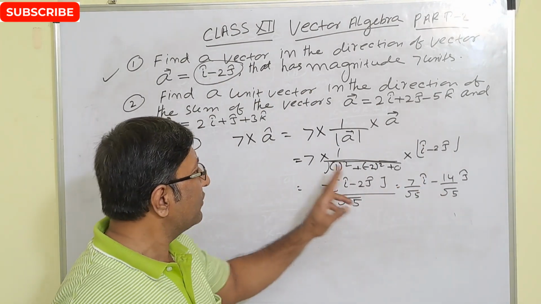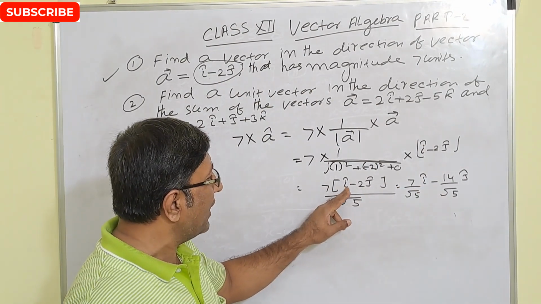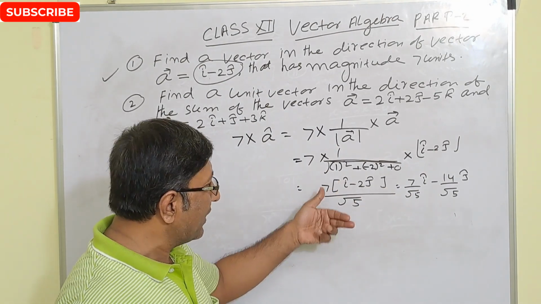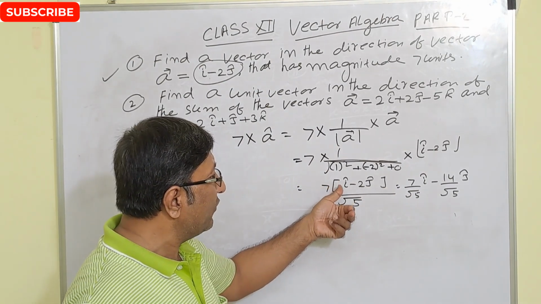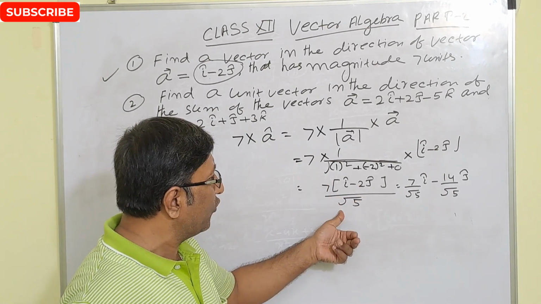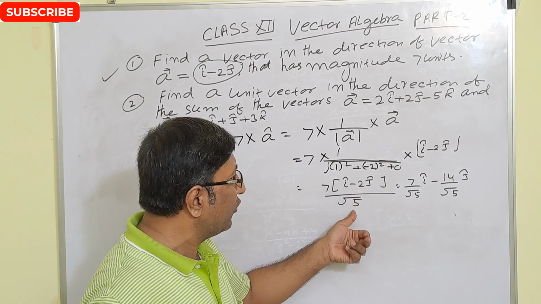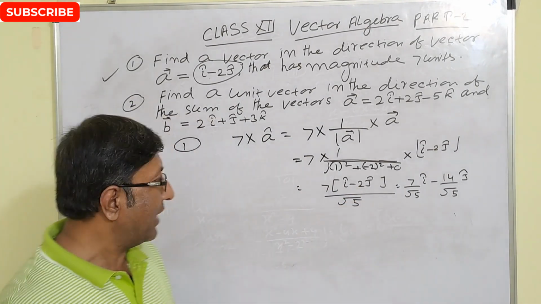So now 7 into unit vector i minus 2j divided by the square root of 5. You can write this by separating unit vectors i and j: 7 upon root 5 unit vector i minus 14 by root 5 unit vector j. This is the right answer.